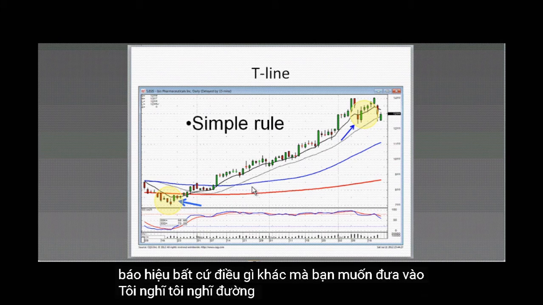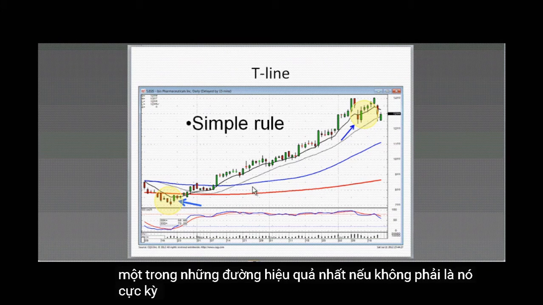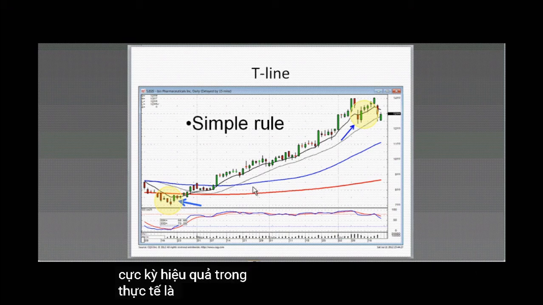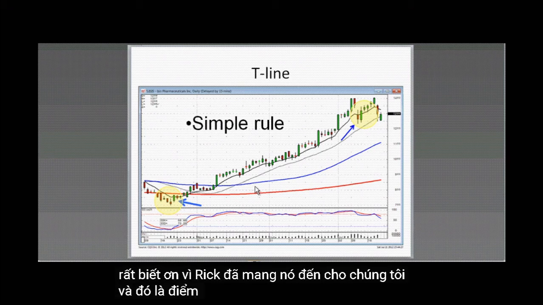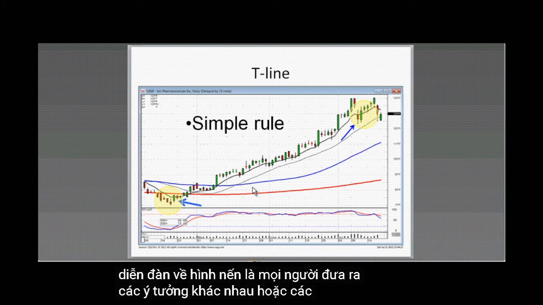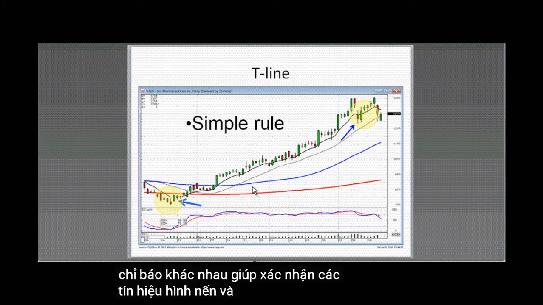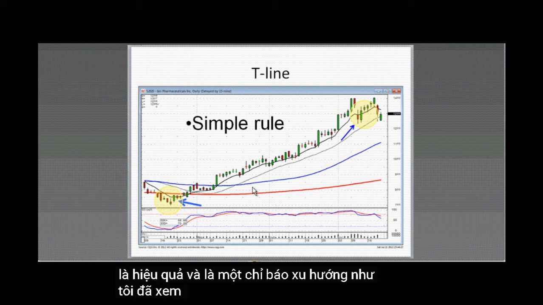I think the T-line is an extremely effective indicator, and should not be ignored. As a matter of fact, I am very grateful that Rick brought it to us, and that's, again, the whole point of the Candlestick Forum: people coming up with different ideas or different indicators that help confirm candlestick signals. And the T-line is probably about as effective a trend indicator as I've come across in 30-some-odd years of investing.